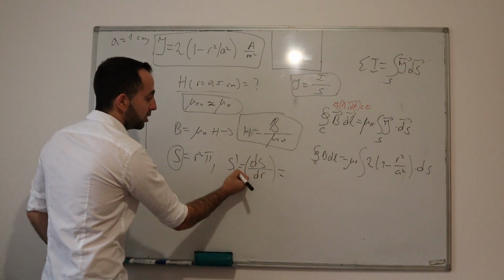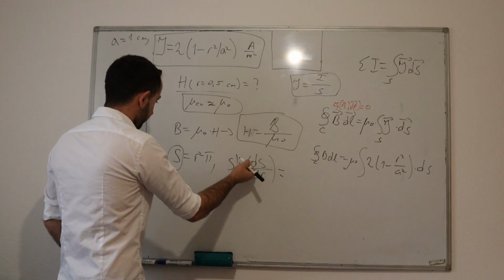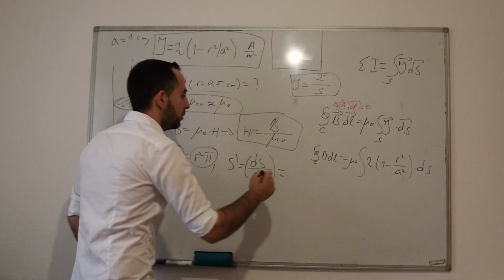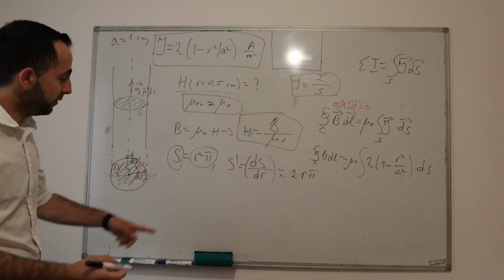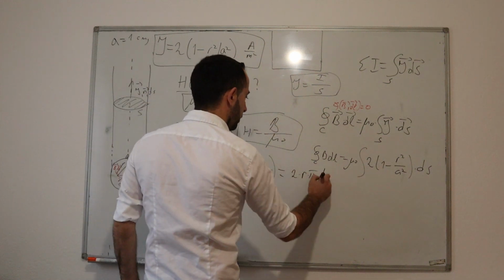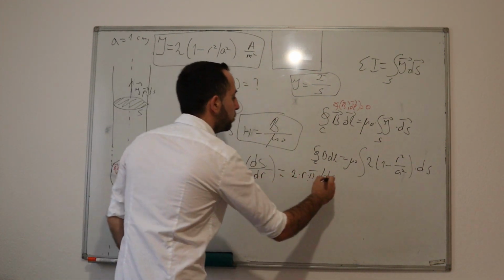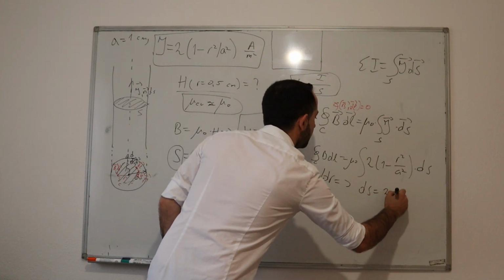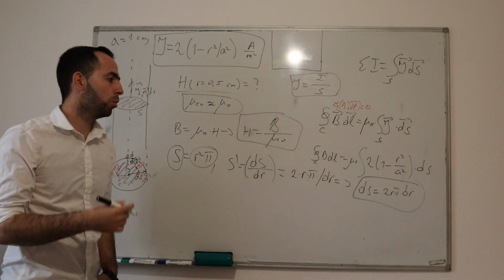So these two notations are the same, they are telling the same thing, and we simply find the derivative of this r squared pi. The derivative is 2 times r times pi. And from here we multiply the left and right side with dr, and we will get that our ds is actually 2 r pi times dr.